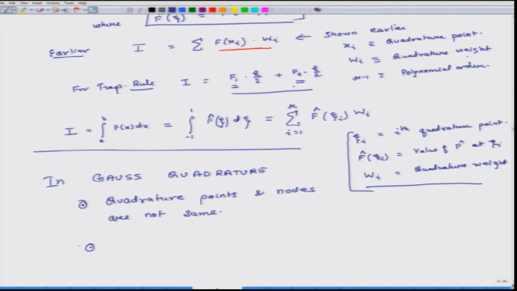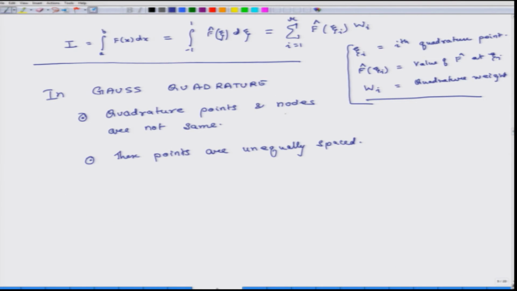Second, these points are unequally spaced. Okay. We'll show that. I'll give you some examples. We'll show that they are not equally spaced.